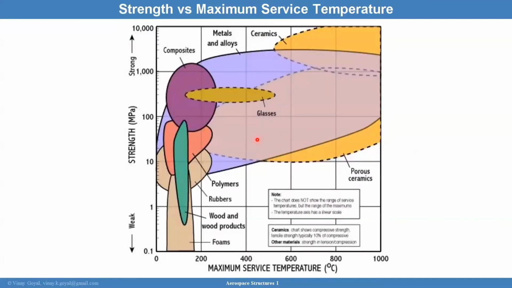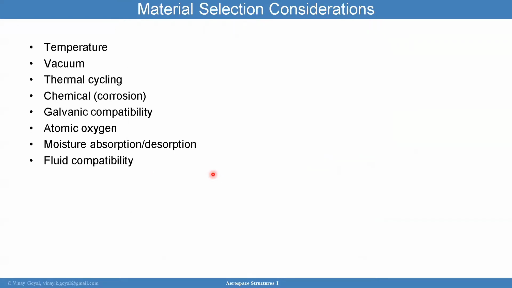Here, what I'm showing you is strength versus service temperature. And you're going to see here that a lot of ceramics are used for high temperature applications like engines. And when you're using composites, you tend to use them at less than 350 degrees F, but it gives you high strength. And so depending upon the temperature conditions you're looking at, you may go with a different material system, whether it's ceramic, glass, or whatever that is.